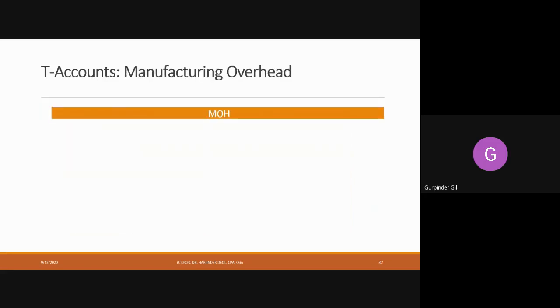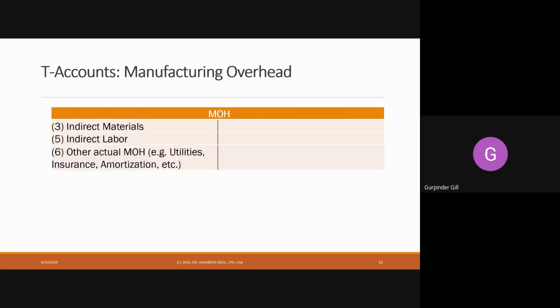Our manufacturing overhead account will capture all of our indirect cost: your indirect material, indirect labor, and your other manufacturing overhead costs such as your utilities, insurance, amortization, depreciation, property taxes, okay?